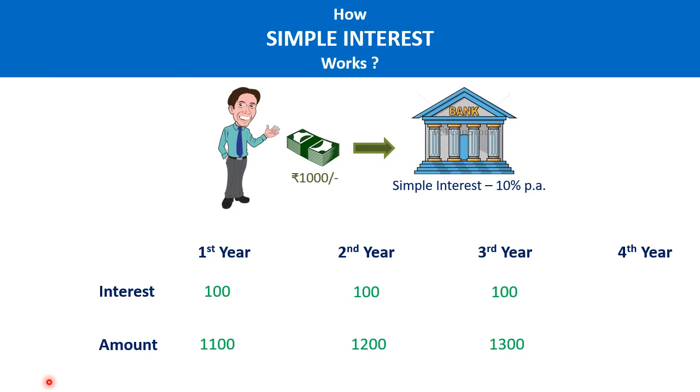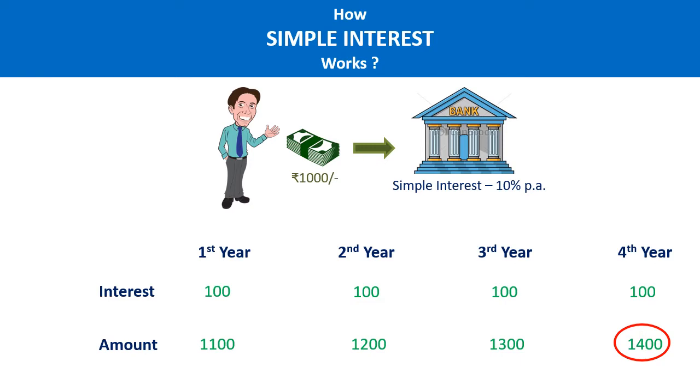The interest he will receive in the fourth year will be again 100 rupees and the amount at the end of the fourth year will be 1400 rupees. So the final amount at the end of 4 years becomes 1400 rupees. This is how money grows under the scheme of simple interest. The interest is flat. Every year you will get 100 rupees only on the original principal.